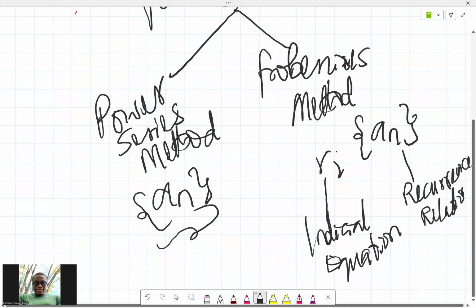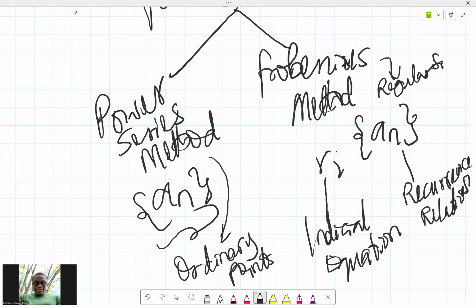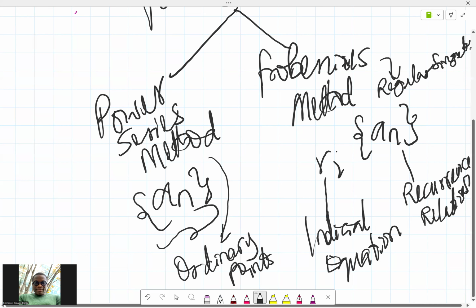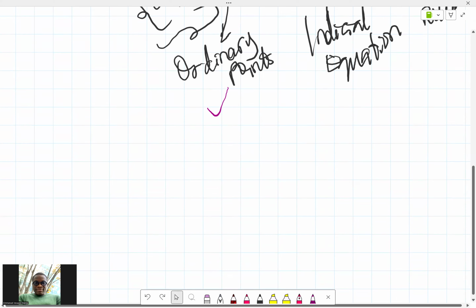Another difference is that the power series method is used for problems that have ordinary points, and the Frobenius method is used for problems that have what we call regular singular points.